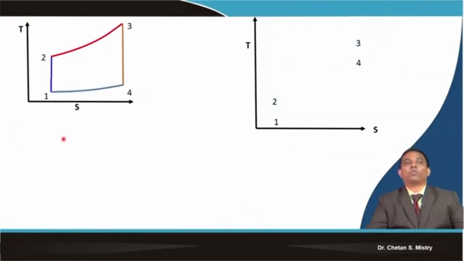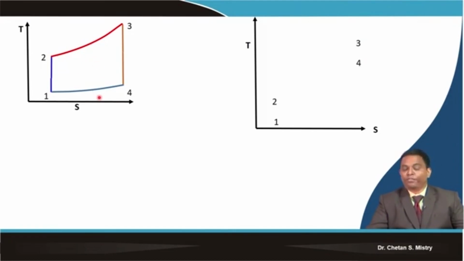This is the representation of my gas turbine cycle. We call this a Joule cycle. It comprises two isentropic processes, the compression process and the expansion process, and two constant pressure processes, heat addition and heat rejection.